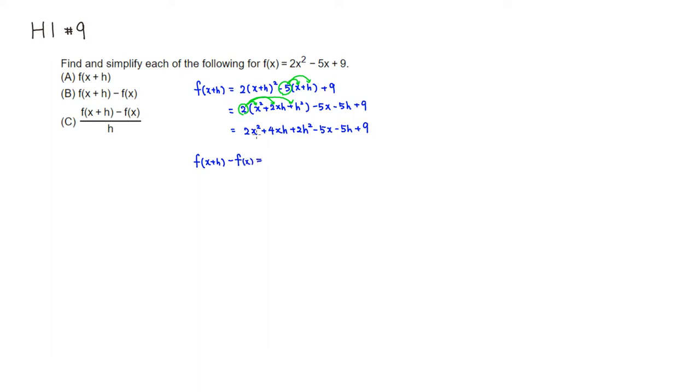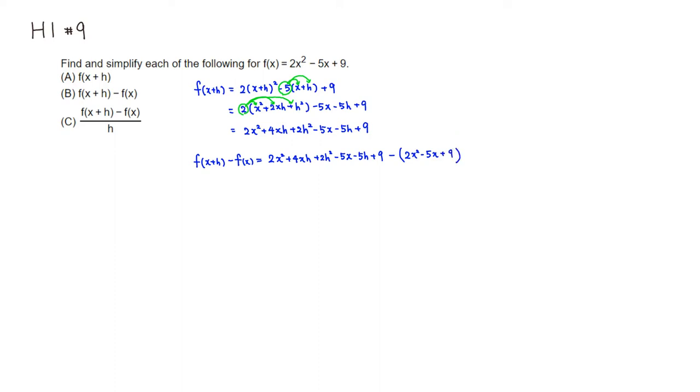Here's the result from part A, 2x squared plus 4xh plus 2h squared minus 5x minus 5h plus 9. Then we're going to subtract the original function, which is 2x squared minus 5x plus 9.